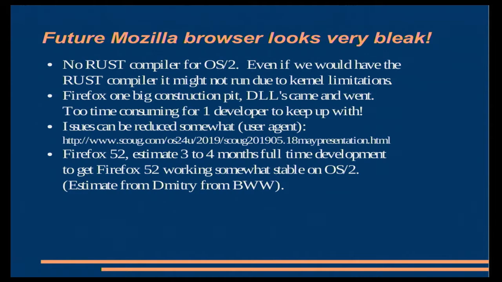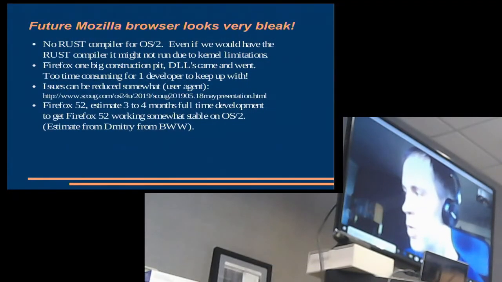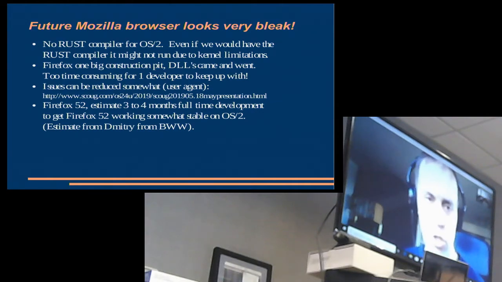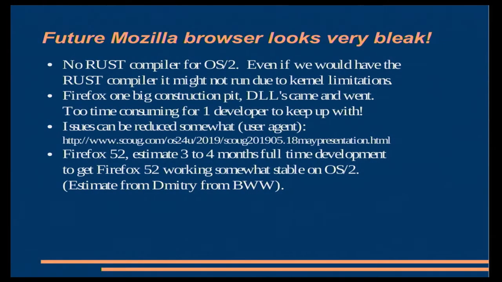Thanks. This has been something that has been coming for some time, so that's why we started this whole venture to get a new browser on OS/2. The reason the future for the Mozilla build looks kind of bleak, if anybody is interested in picking this up, is that we currently don't have a Rust compiler for OS/2.